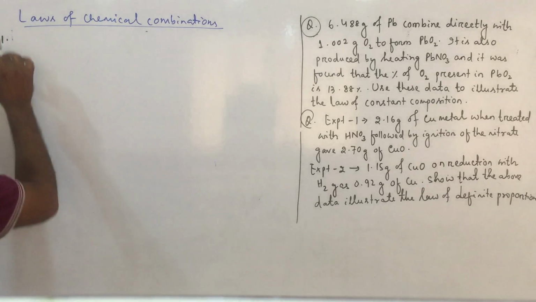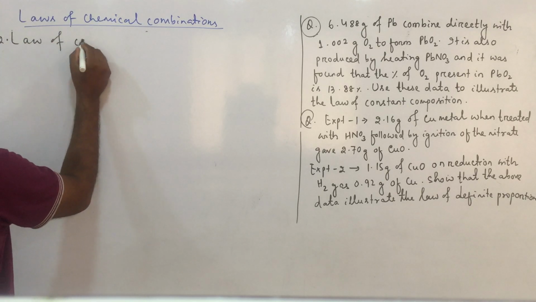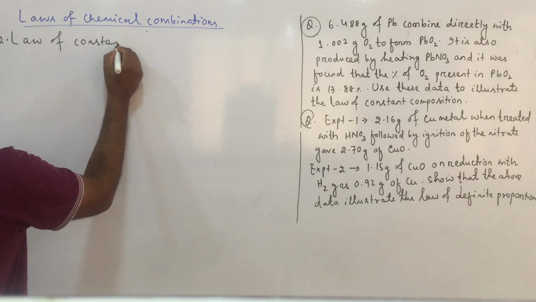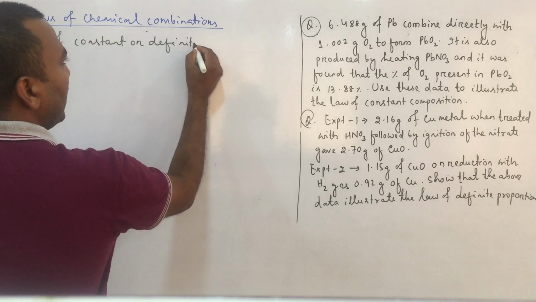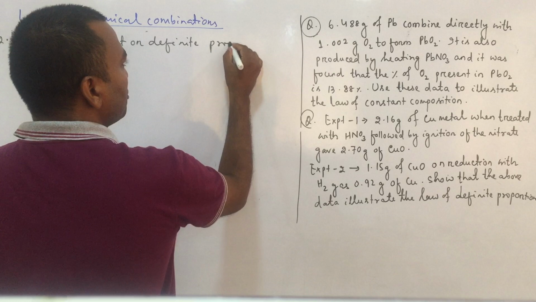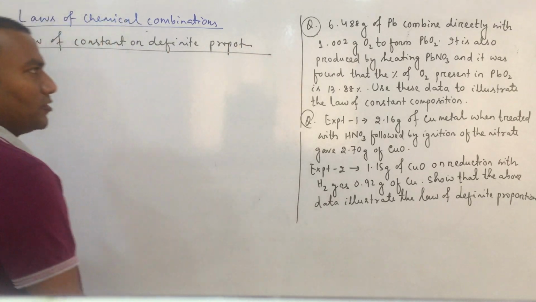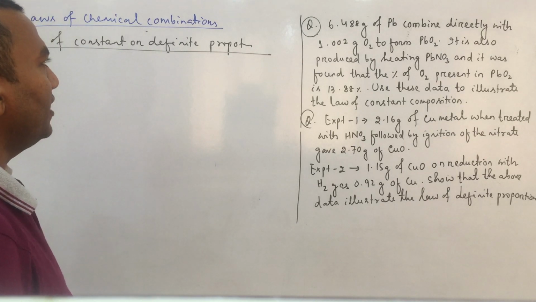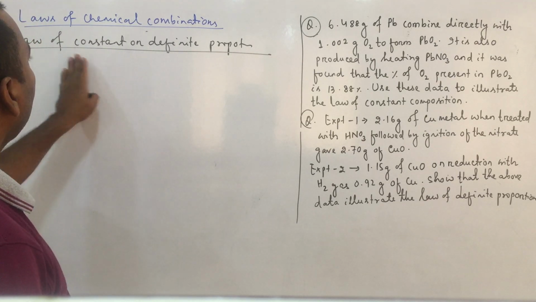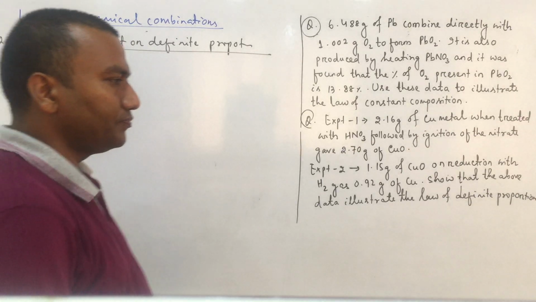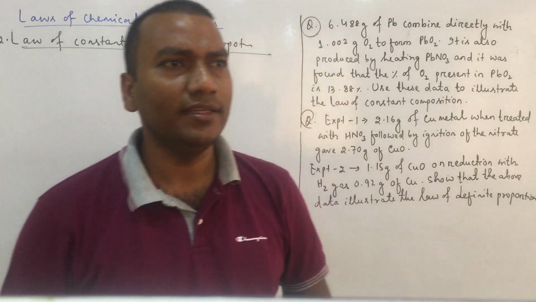Then second is the law of constant or definite proportions, which was given by scientist Joseph Proust. Now see, what is the law? You have read this part in the beginning in class 9.